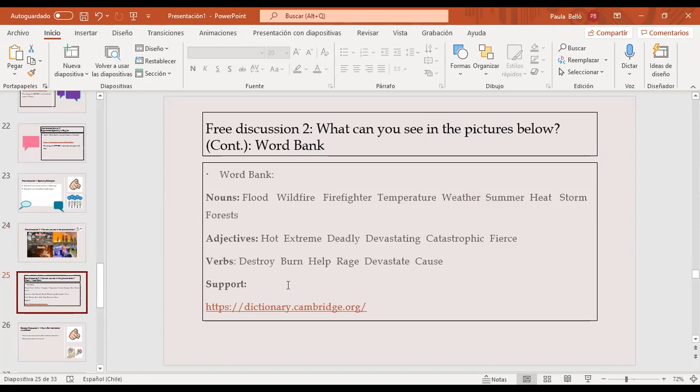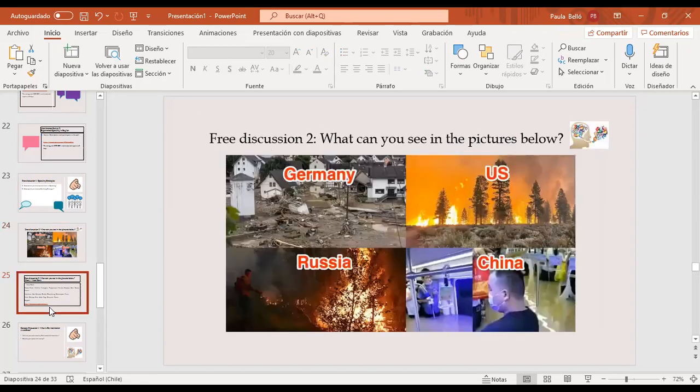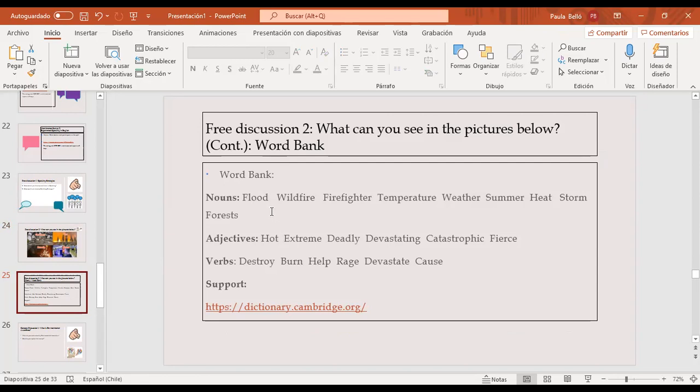Sentences. Yes. So for example, there are floods. You can start with a noun, flood, or an adjective and a noun. Maybe in Russia, the wildfire provokes death of animals. Yes, in Russia, yes, provoke.